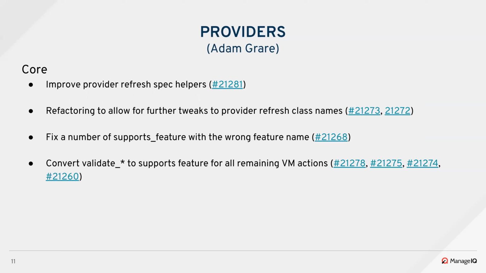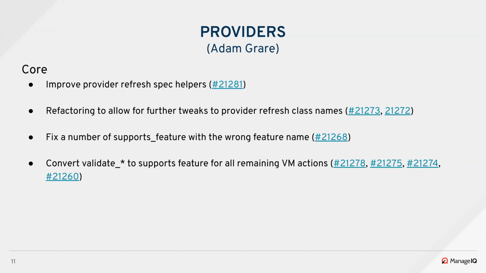They actually do full diff comparisons to the database, so we moved some of the commonly used accessory methods up into core so that we can delete a bunch of methods which are duplicated in some provider specs. We also refactored a bit of how the inventory refresh classes are built. The IBM provider in particular has to customize the class names for their refresh, and this change in core allows them to do that.